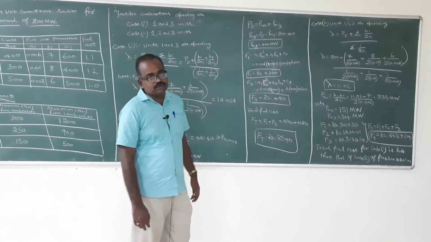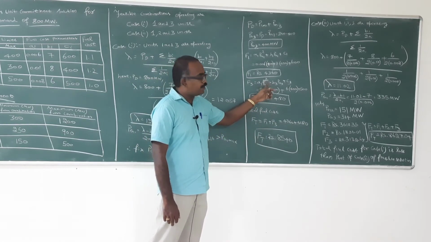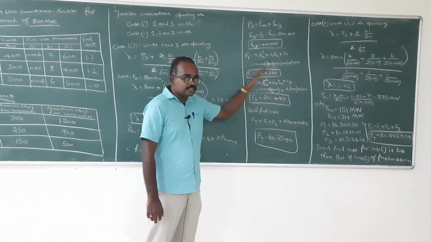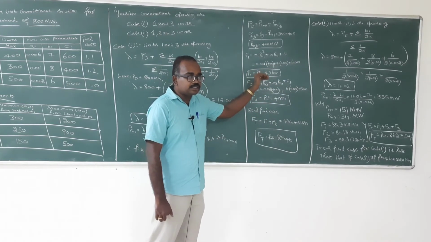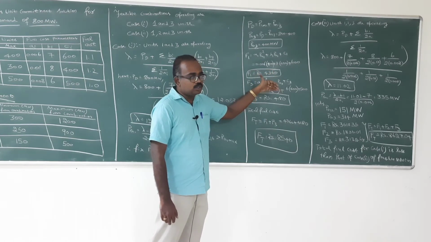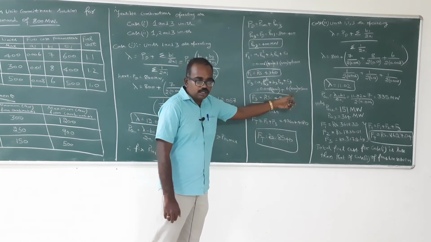Similarly, we have to calculate the fuel cost function, that is A3 Pg3 square plus B3 Pg3 plus C3. These cost function formations are seen in the economic dispatch problem, and the derivation also. So kindly remember that, and substitute all those values.